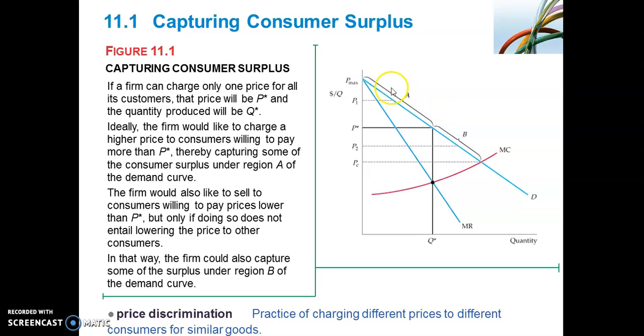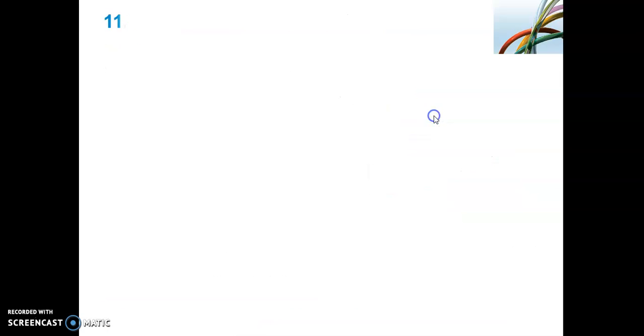So in region A, you could charge P1 to some consumers, and in region B, you could charge P2 to some consumers, and then, of course, charging the price of P star. And in so doing, you can capture some of that consumer surplus. So this is what price discrimination is all about. It's the practice of charging different prices to different consumers for similar goods.